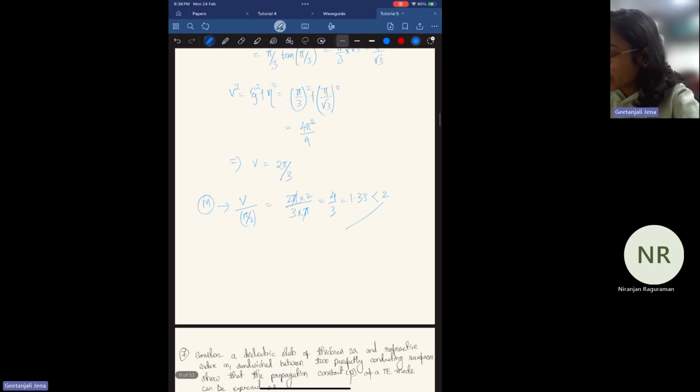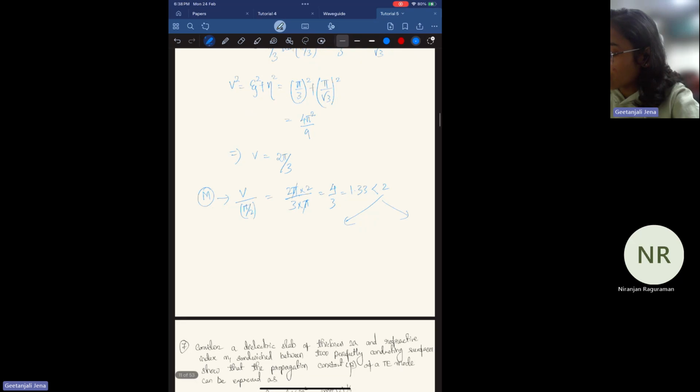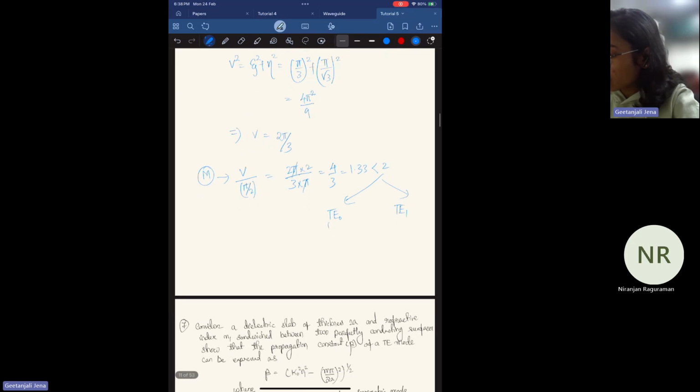So this is an equal number of symmetric and antisymmetric modes. The lowest one will be the fundamental mode, and the next is the antisymmetric mode. Okay, so V is 2 pi over 3, and the supported modes are TE0 and TE1.